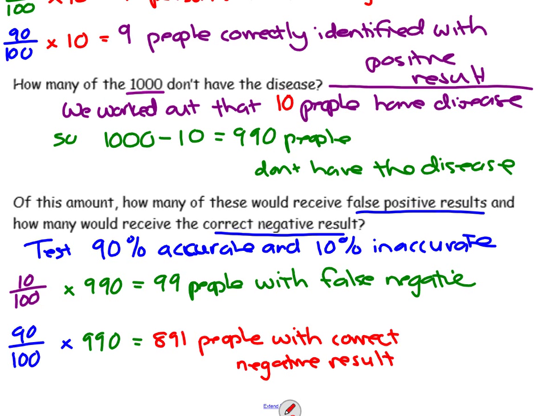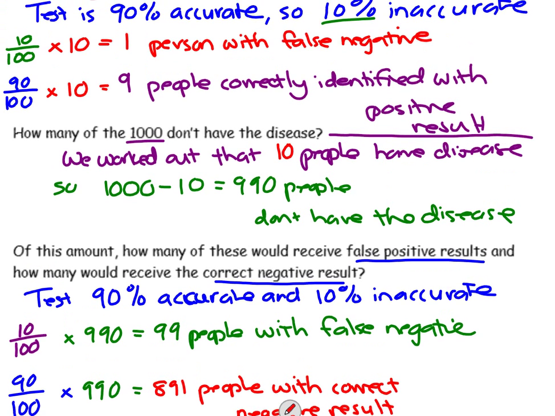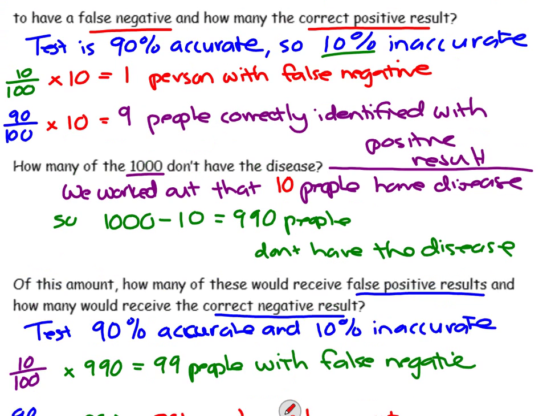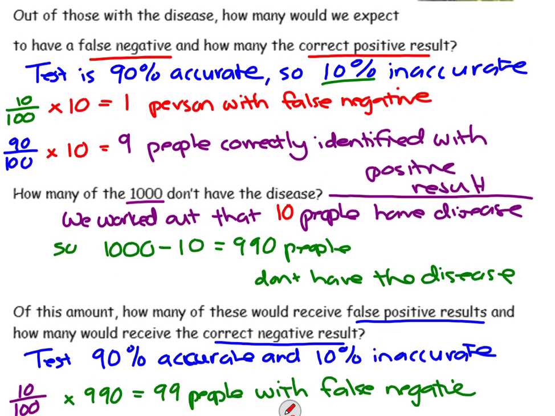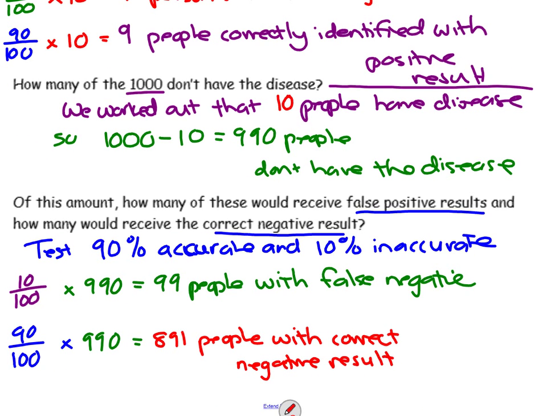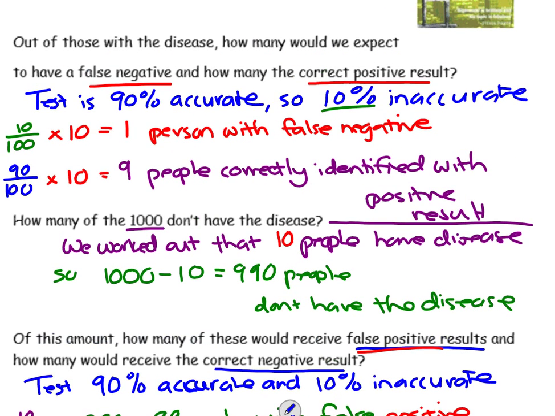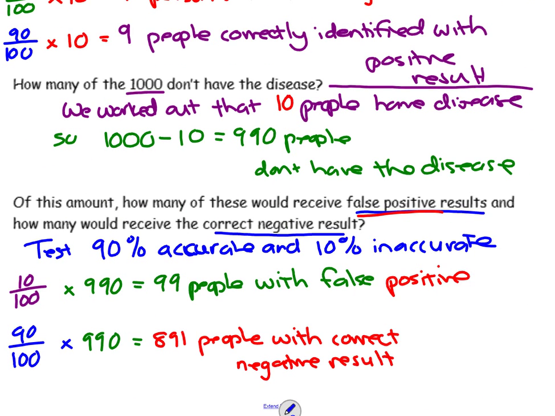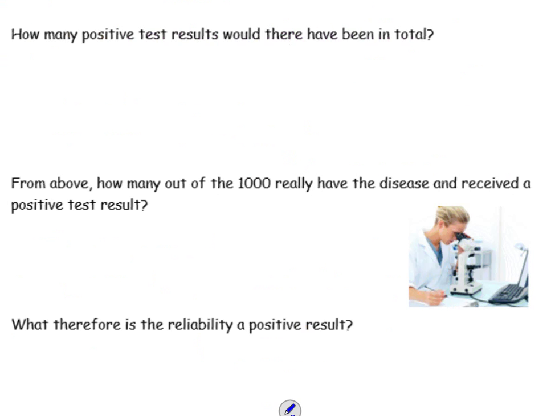In the above question, we worked out that one person up here with a false negative, and 99 people, sorry, did I say false negative? Oh, sorry, this should have been false positive. That's why I'm getting confused. I see it's false positive. So one person above has a false negative, and 99 people down here have false positives, and let's continue on.